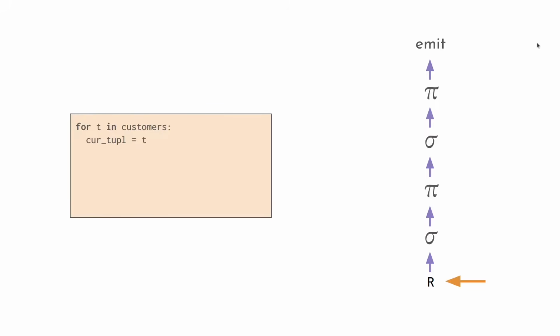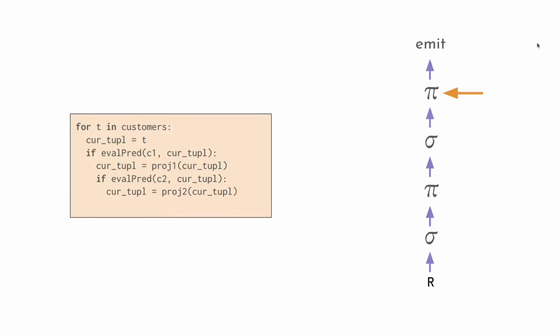We have gone all the way down the tree through the produce calls, and now we start going up with consumes to generate code. So we generate the for, now we generate an if, we generate a project, we generate an if, we generate a project, and finally we generate the emit. So maybe you want to stare at this for a little bit and just be sure that it's making sense that this if should be inside this if, because this if works on whatever is coming from this if.